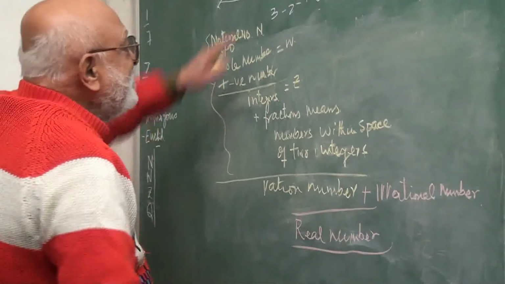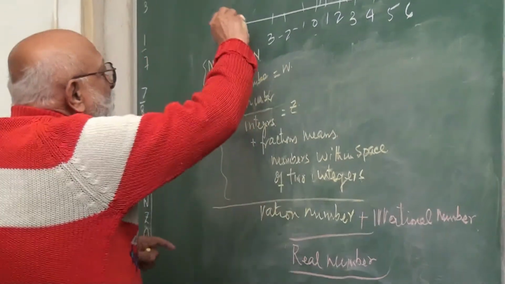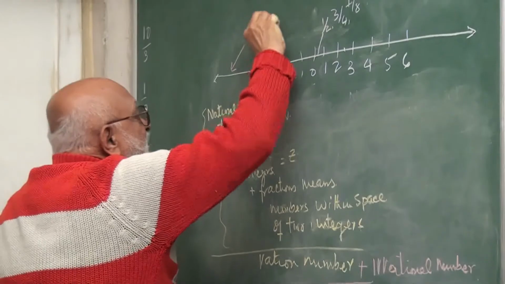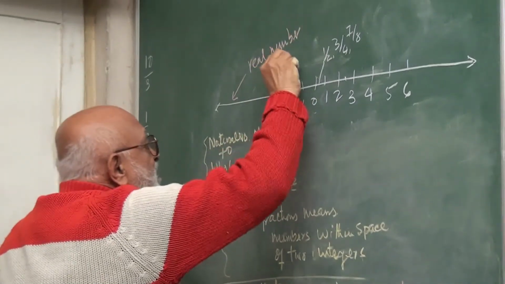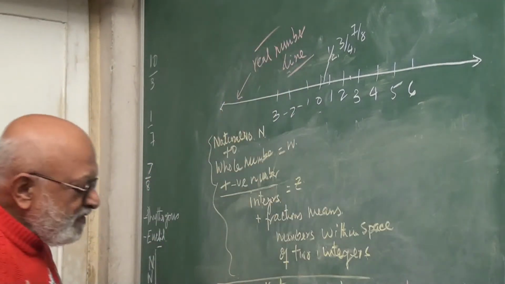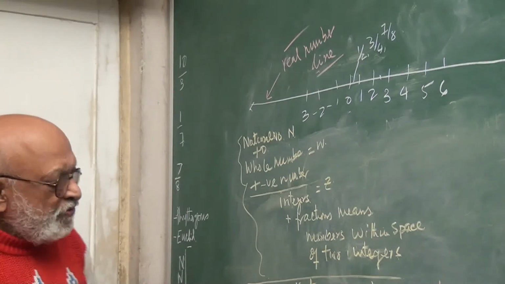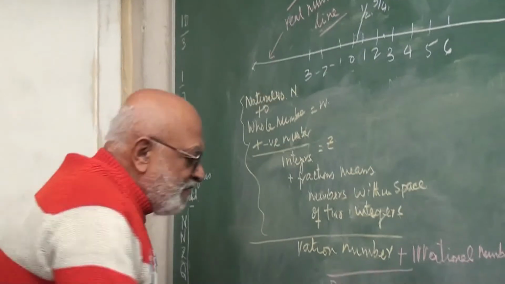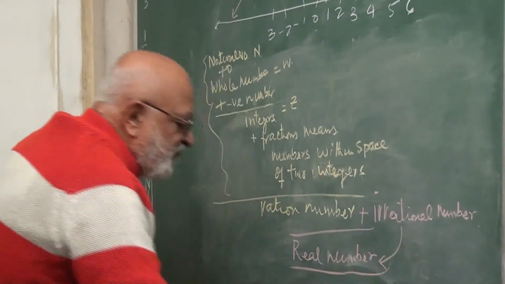And this number line now becomes the real number line. Is that okay? Now this is good enough, and you have been able to comprehend this one. So irrational numbers are also a part of your real numbers.